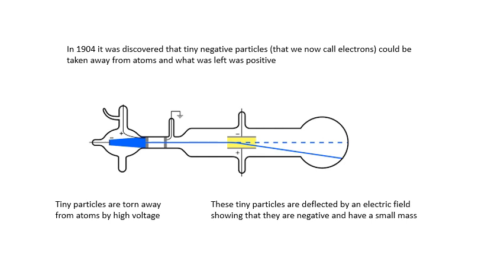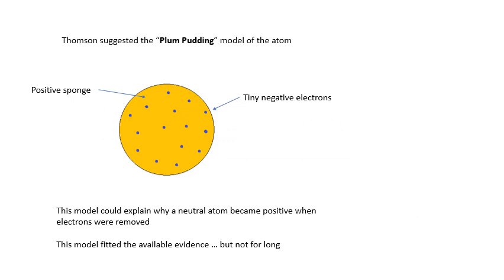So he came up with a new model of the atom called the Plum Pudding model. Imagine an atom is made of a very light, airy-fairy, positive, spongy stuff, and in it there are tiny little negative electrons.